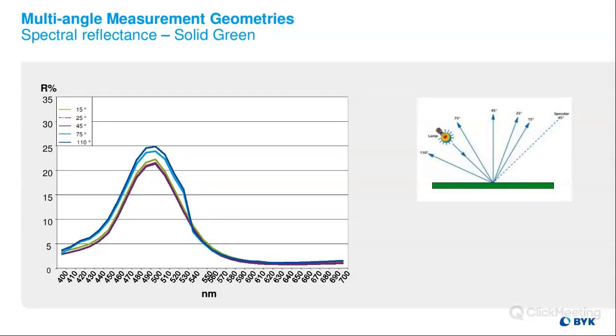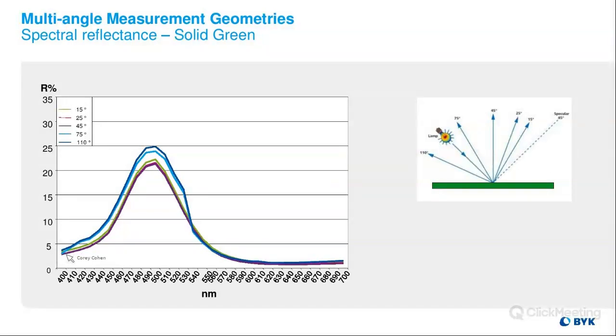And so the reason we need a special instrument for this, so here we have, just as an example, a solid green color. Solid meaning there are no effect pigments in it, just absorption pigments, just everyday pigments. So we're measuring this color with a multi-angle instrument, which has multiple measurement angles.